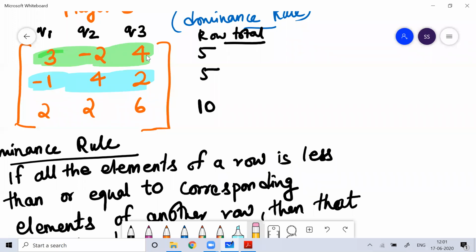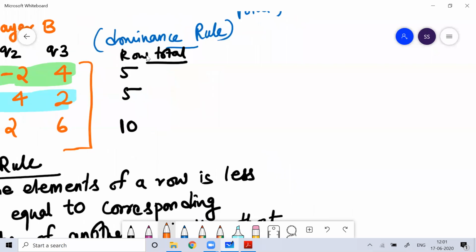So row wise, what you have to do is check row wise.